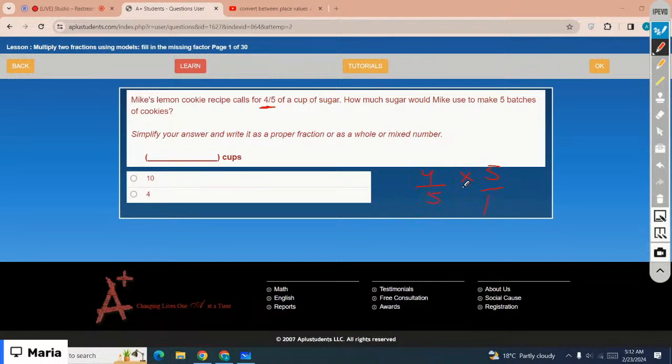So you can do it like this: 5 times 1 is 5, and you are left with 4. Or you can do 5 times 4 is 20, and divide by 5. That means for the 5 batches of cookies, he will use 4 cups of sugar.